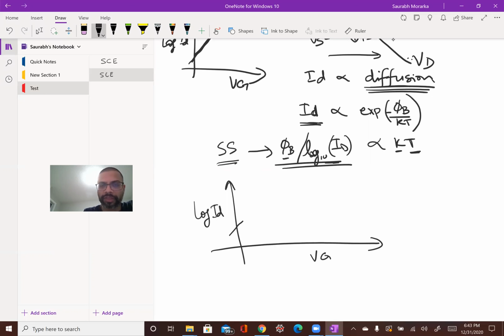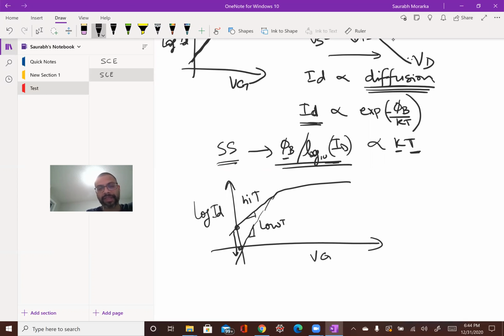If this is how the subthreshold slope used to look for room temperature, if we take it in a cryogenic case, it's going to become much sharper. So this is the subthreshold slope becoming low because it's the opposite of this slope. And this is what it impacts on the off state. So this is low temperature and this is high temperature.